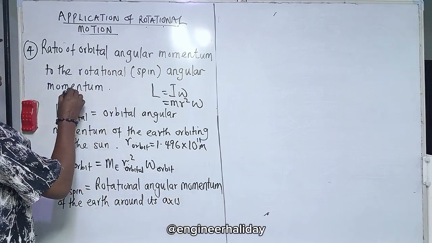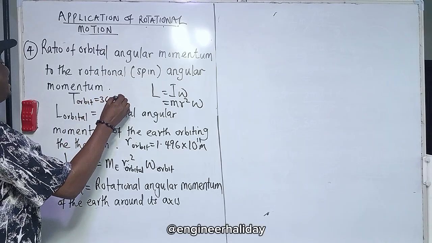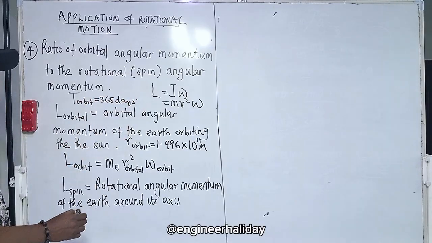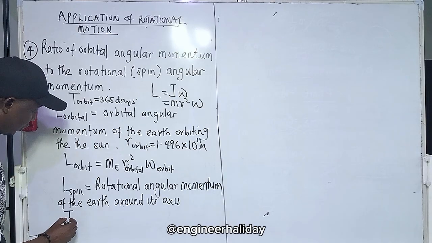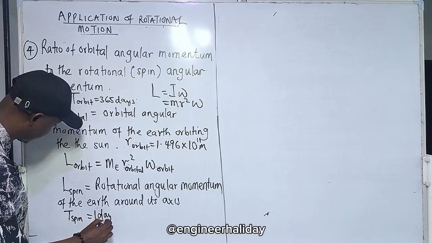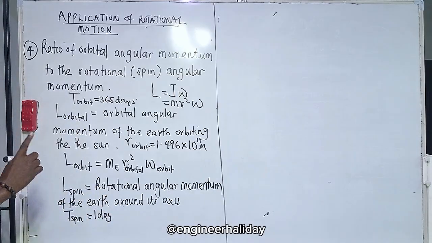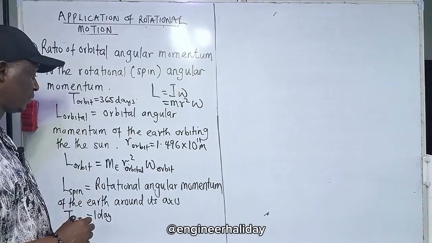Don't forget, it takes 365 days for the earth to orbit the sun. How many days does it take for the earth to spin around its axis? It's one day. It takes a day for the earth to spin around its axis. So take note of that.